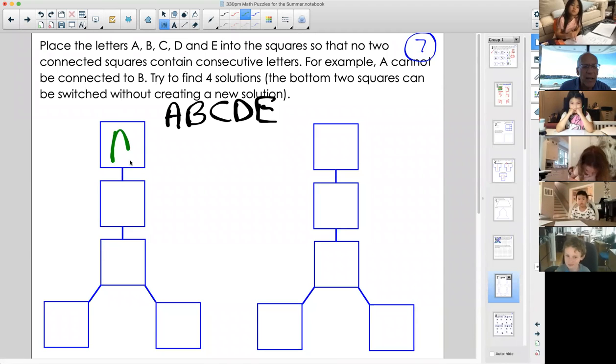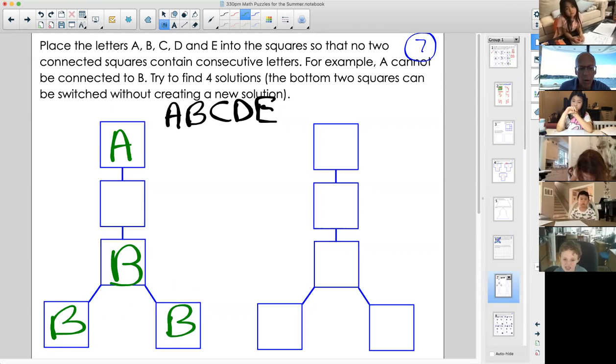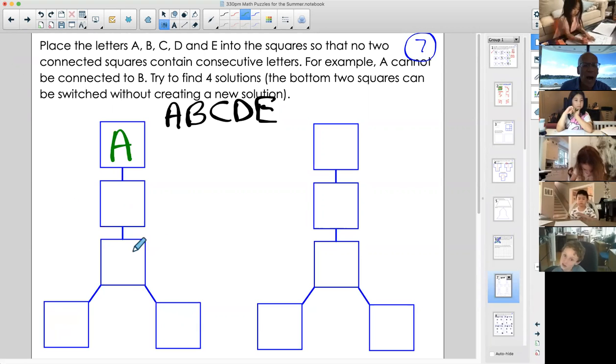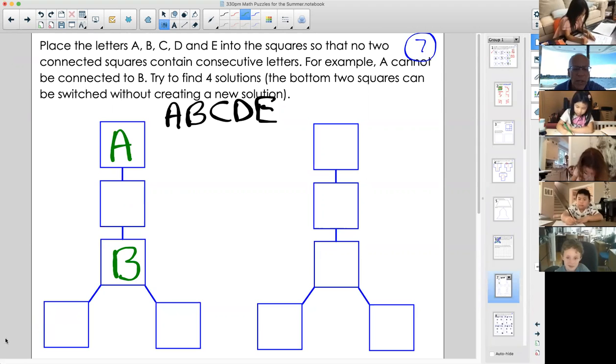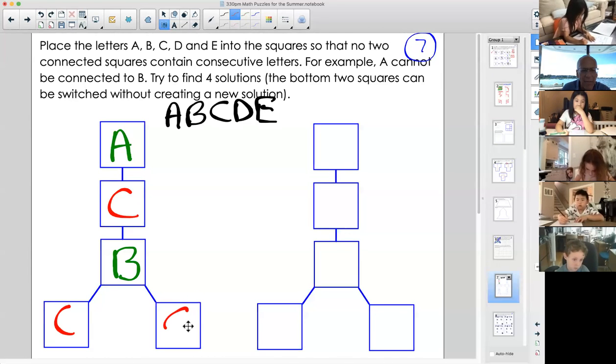But for instance, if you put A here, B is not allowed to go next to it. B would have to go either here, here, or here. If I put B here, where can C go? Are we allowed to put C in any of these places?